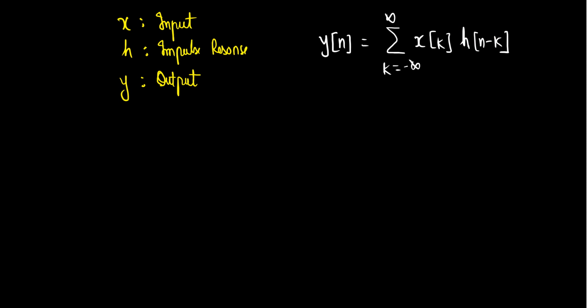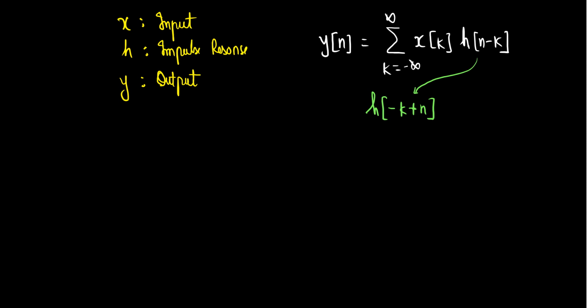If we do that, h of n minus k can simply be represented as h of minus k plus n. I can do that because it's a simple rearrangement of this representation.